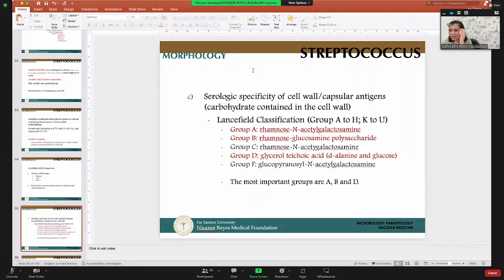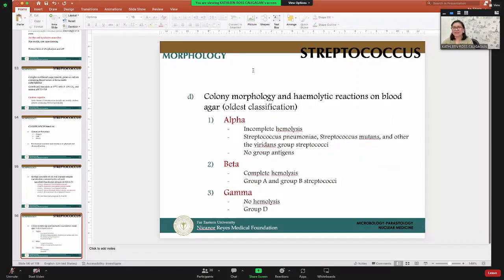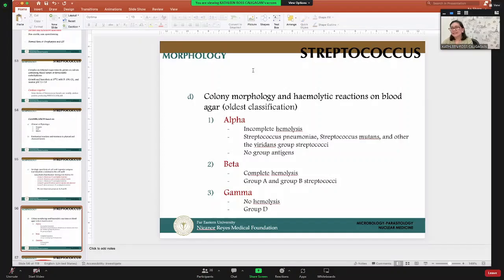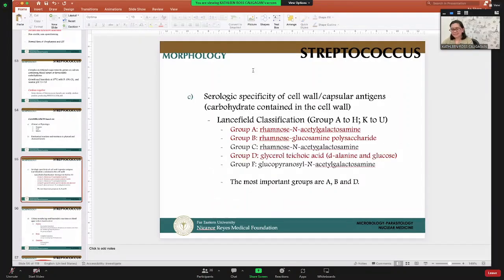The more popular classification is this one, serological classification and hemolysis, the old hemolytic classification.